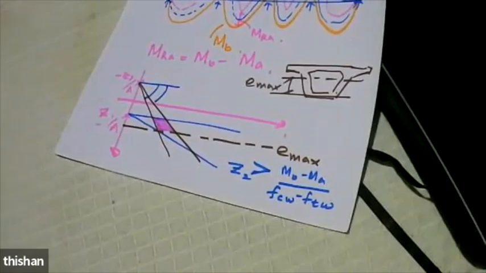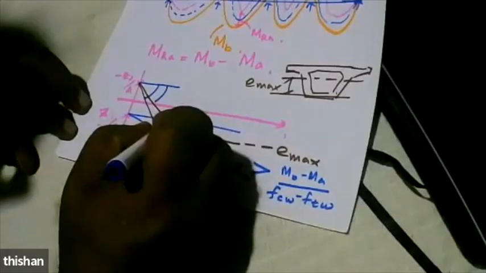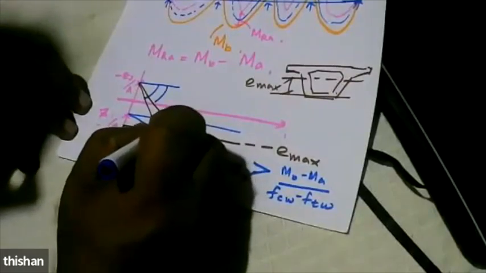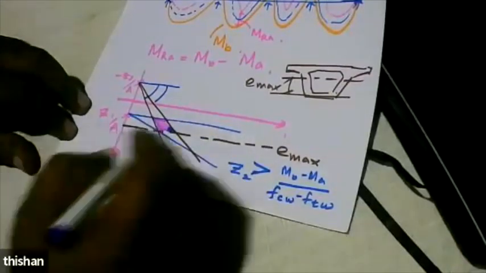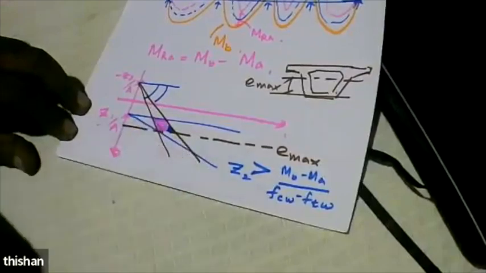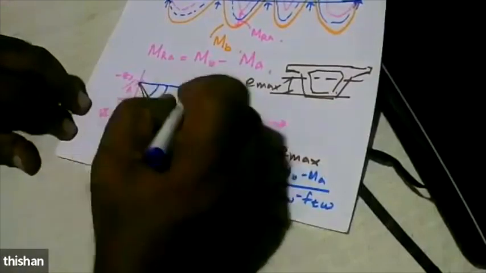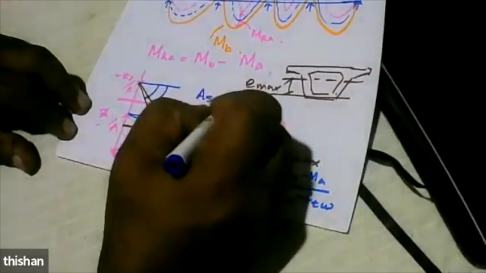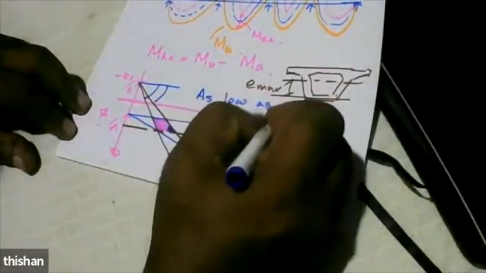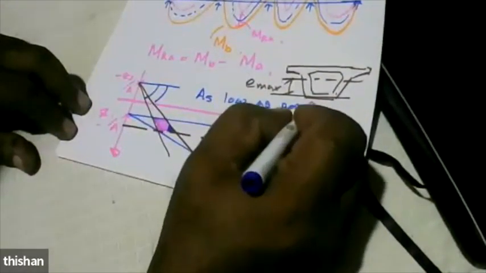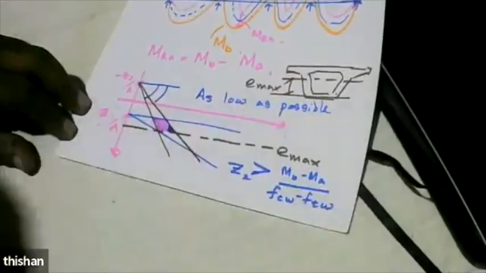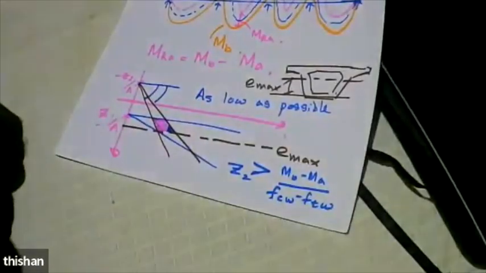And then I also said that when you are selecting the prestress, select it in this way, as low as possible. Don't select in this region because the prestress will be higher.